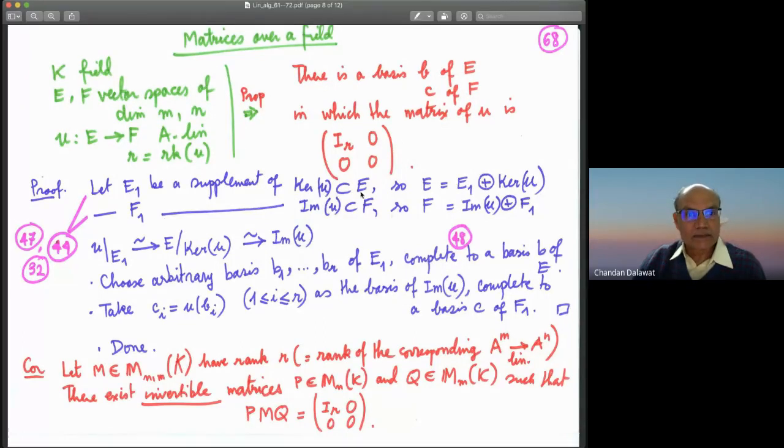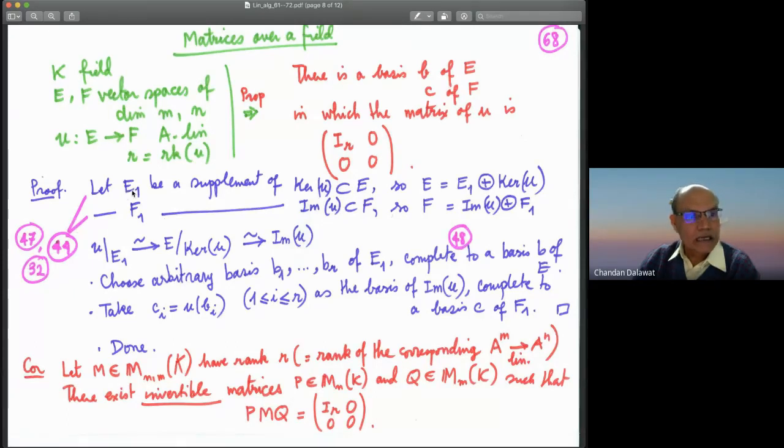The kernel is a subspace of E and the image is a subspace of F. In any case, subspaces of vector spaces always have supplements, right? Recall the definition of a supplement. It's a subspace such that when I take the sum of these two, I get the whole space and the intersection is the zero space.